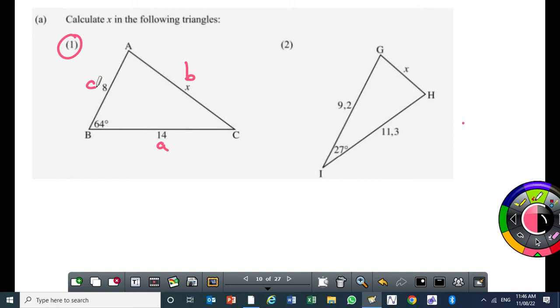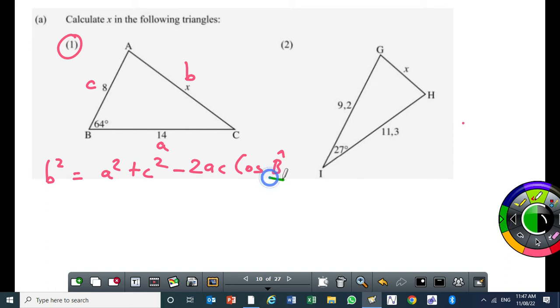So if I write my formula for cosine rule, it will be b squared is equal to a squared plus c squared minus 2ac cosine of B. Okay? Remember what I said earlier?